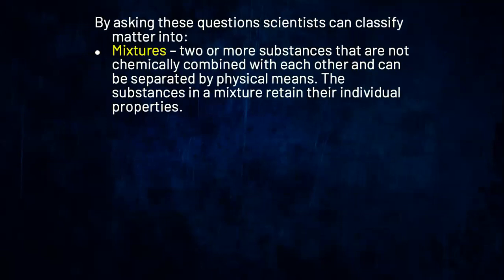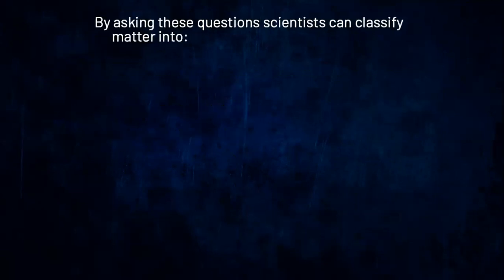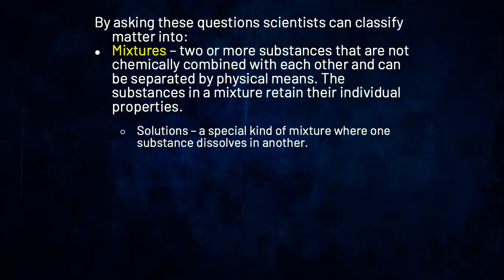By asking these questions, scientists classify matter into three components. First, a mixture, where two or more substances are not chemically combined with each other and can be separated by physical means. The substances in a mixture retain their individual properties, like mixing oil and water together. They are called a mixture.